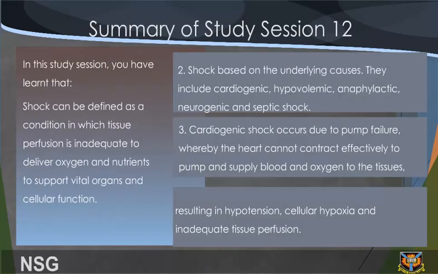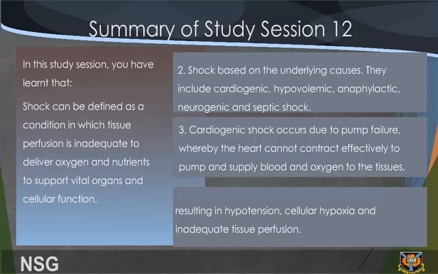Summary. In this study session, you have learned that 1. Shock can be defined as a condition in which tissue perfusion is inadequate to deliver oxygen and nutrients to support vital organs and cellular function. 2. Shock is classified based on the underlying causes.